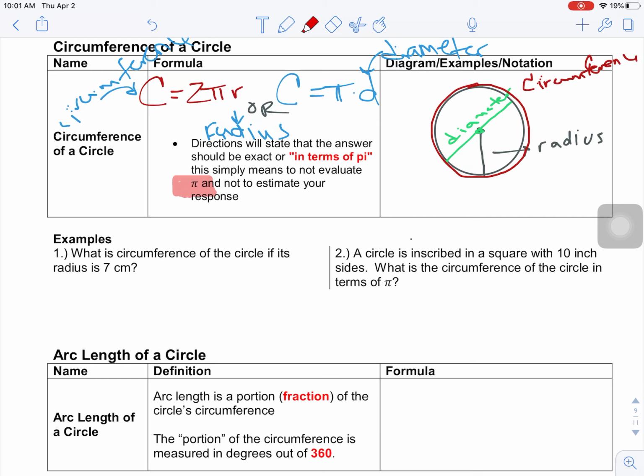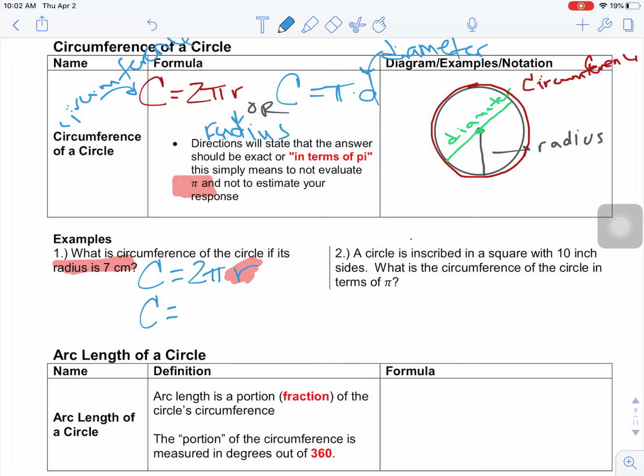So let's go ahead and do some of these examples. The first one is, what is the circumference of a circle if its radius is 7 centimeters? So here again, we are given the radius. So I know I'm going to be using this formula, and I will be substituting in for the radius.